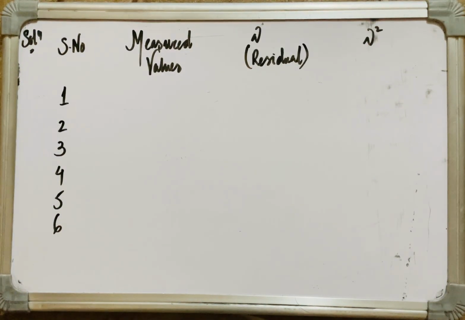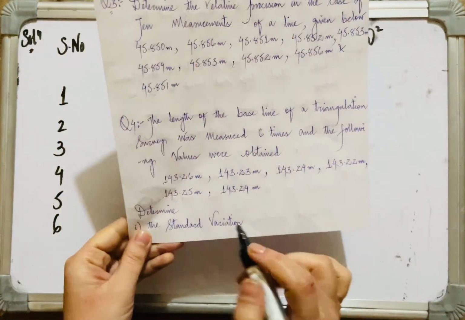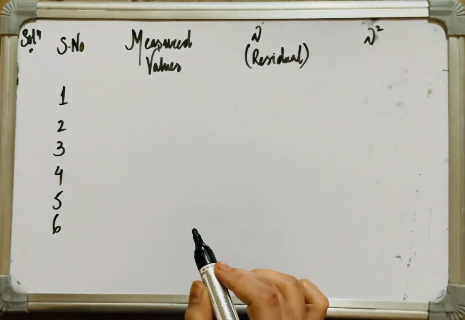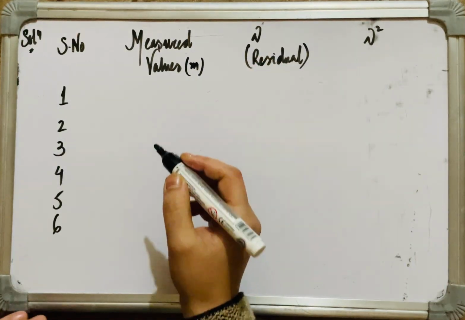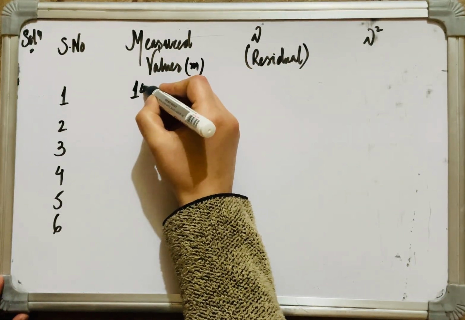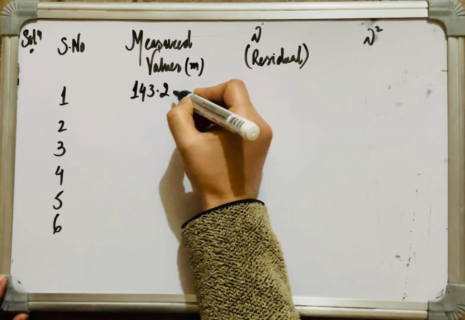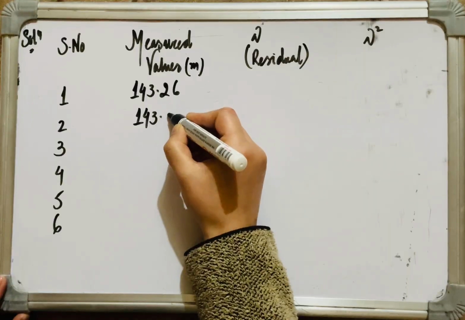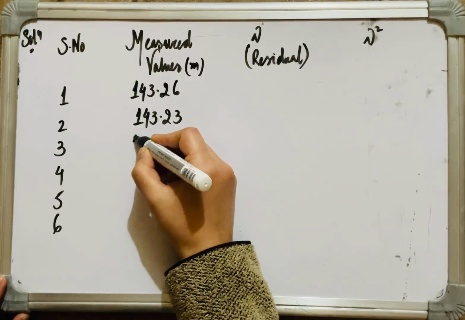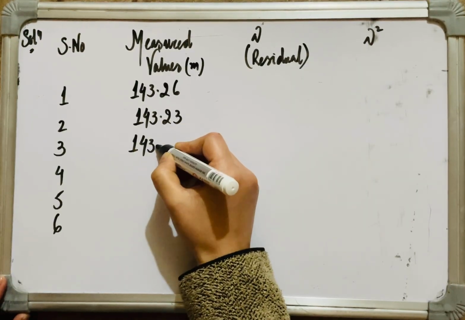All right, and the measured values are written over here. Let me write it down. Every measured value has been taken in meters. The first one is 143.26 meters. Next one is 143.23 meters. Third one is 143.24 meters.